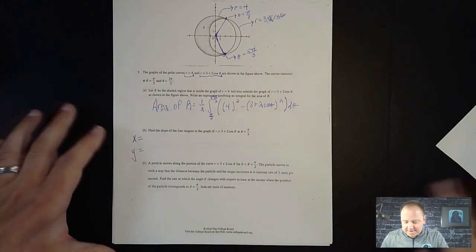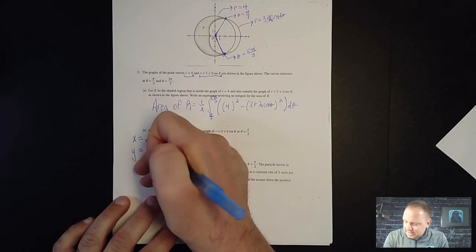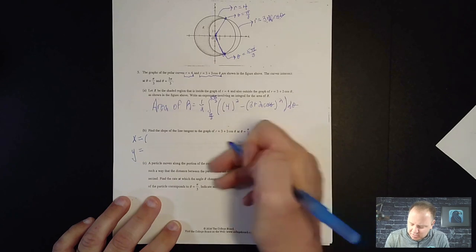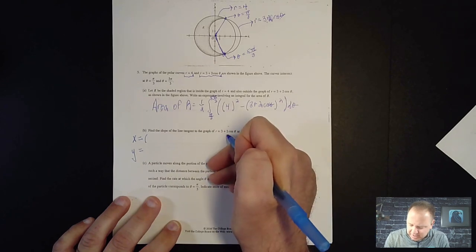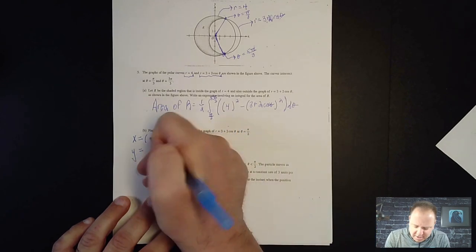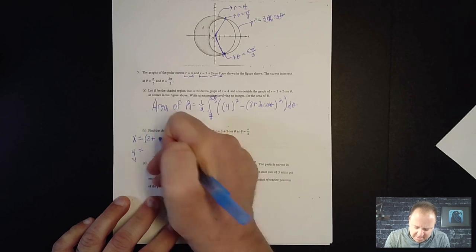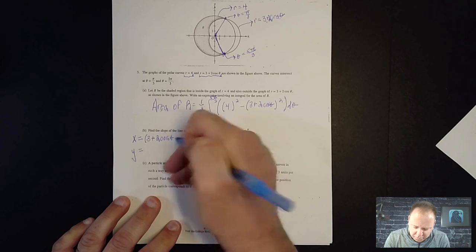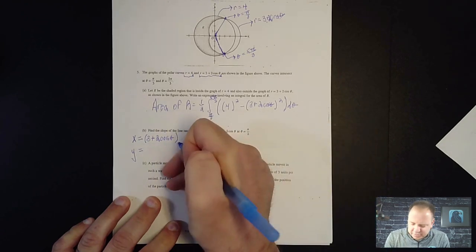So to do that, we know x is equal to r cosine theta. So let's substitute the r there. So the x component would be 3 plus 2 cosine theta, all times cosine theta.